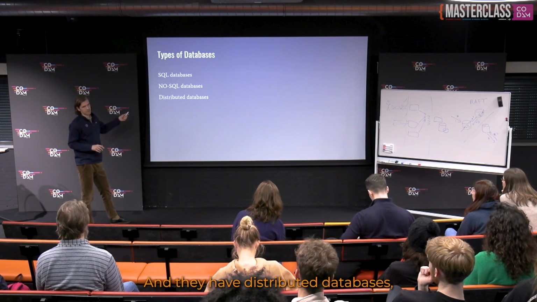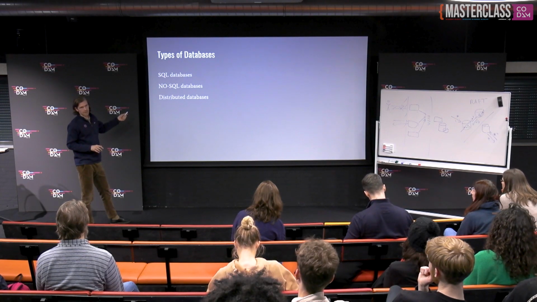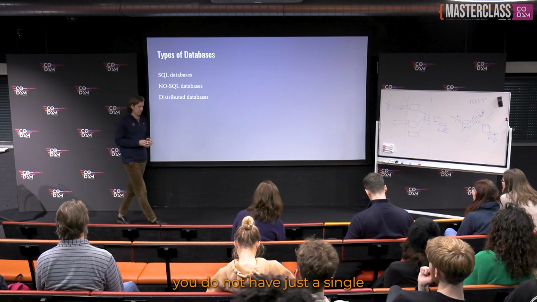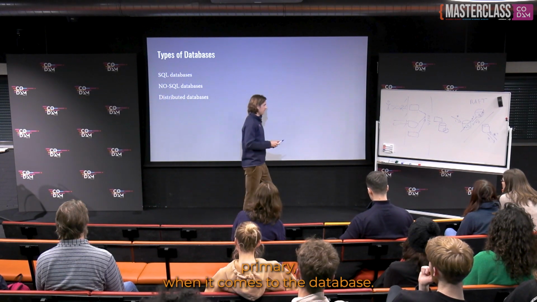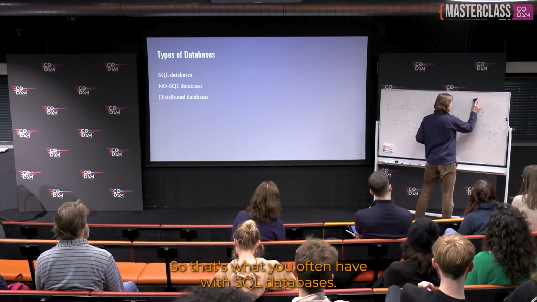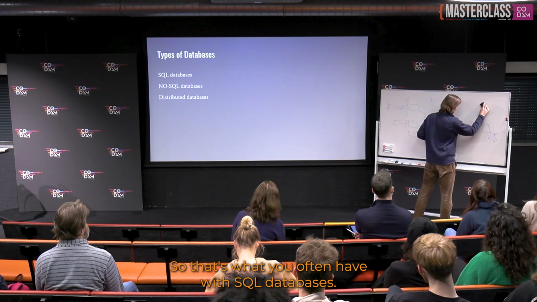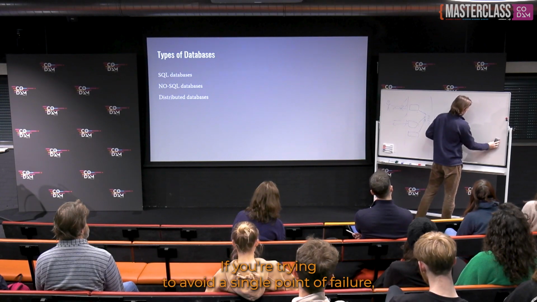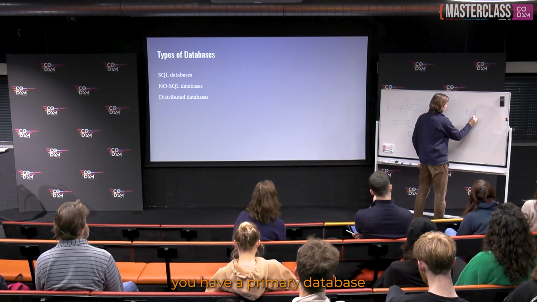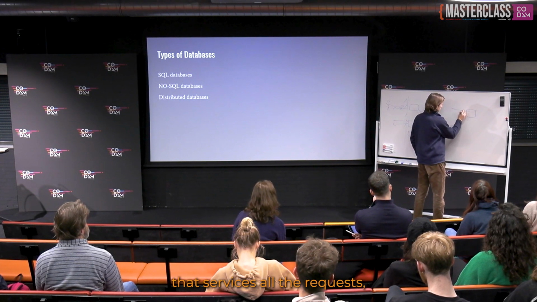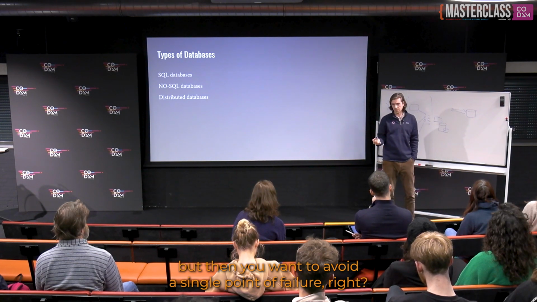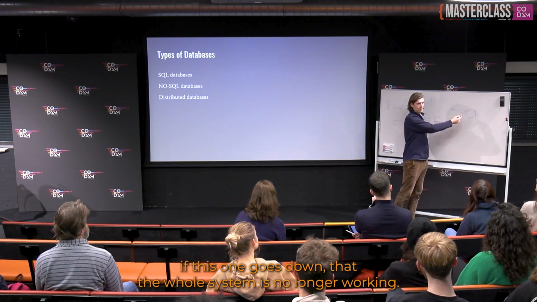And then you have distributed databases, which is where you do not have just a single primary when it comes to the database. That's what you often have with SQL databases. If you're trying to avoid a single point of failure, you have a primary database that services all the requests, but you want to avoid single points of failure, right? So you don't want the whole system to stop working if this one goes down.